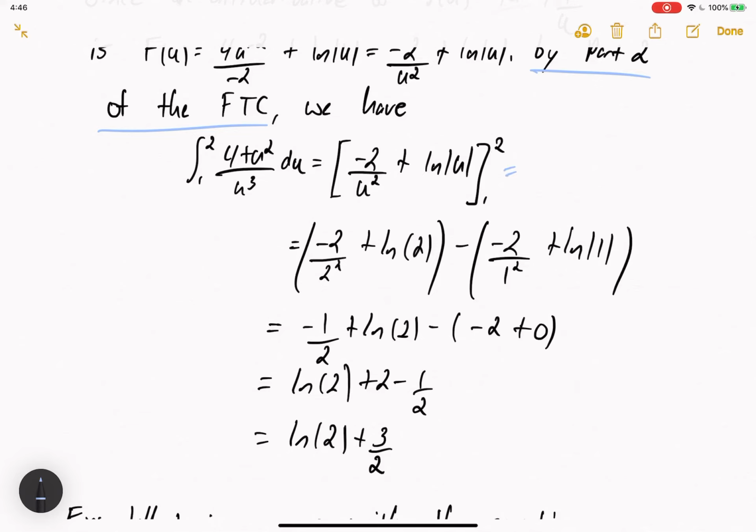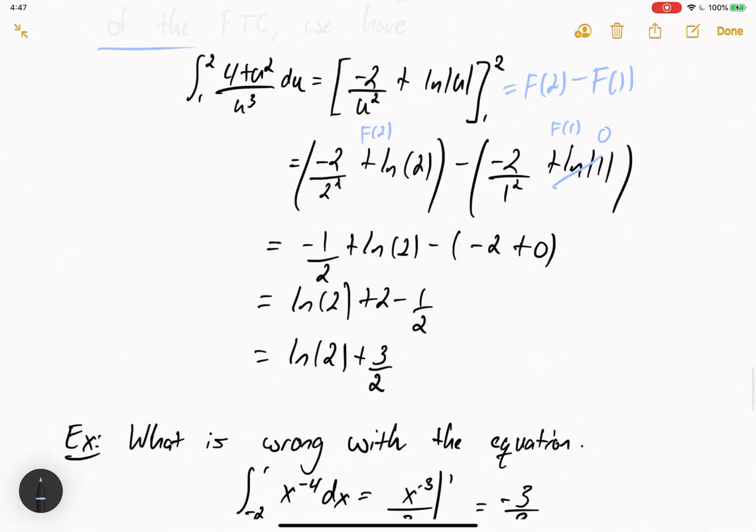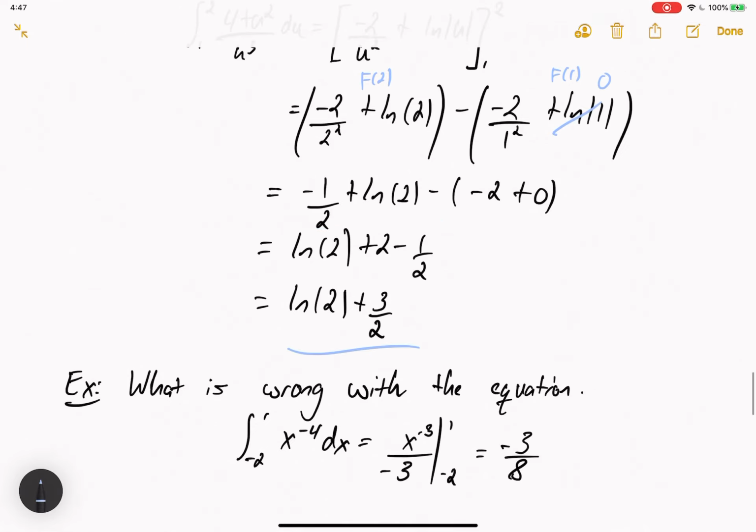What this means is F of 2 minus F of 1. So all we did was plug in F of 2 and F of 1. We get negative 2 divided by 2 squared plus ln of 2, minus negative 2 divided by 1 squared plus the ln of the absolute value of 1. And all we did was simplify, since ln of 1 is 0. We just do some algebra now, and we get ln of 2 plus 3 halves.